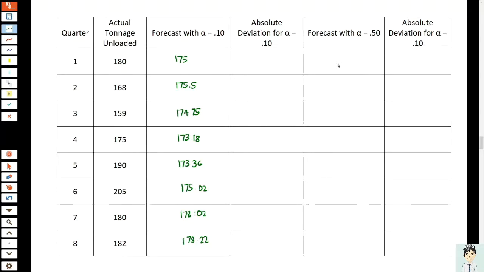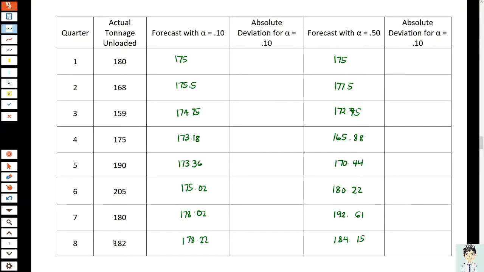So next, yung forecast natin sa 0.5 is yung first quarter natin is 175, 177.5, 172.75, 165.88, 170.44, 180.22, 192.61, and 184.15.